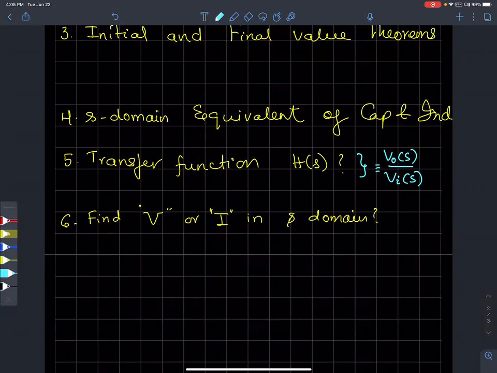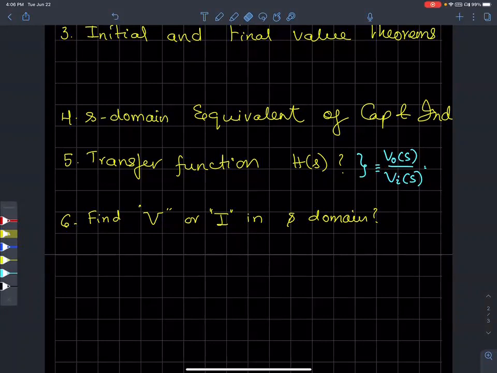And if you're able to manipulate your KCL and KVL equations into this form, the resulting S domain expression is called a transfer function. Given a circuit with R, L, C components, you should be able to set up KCL and KVL expressions and massage that into this form.